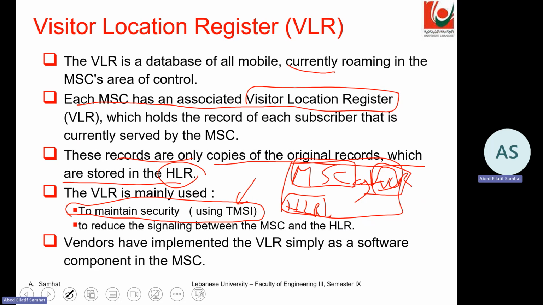It's a kind of security, because if we could track the mobile device at every instant and know its identity, it would not respect privacy. So we can maintain security using the visitor location register, and we will see how the temporary mobile subscriber identity masks the real identity of the device.